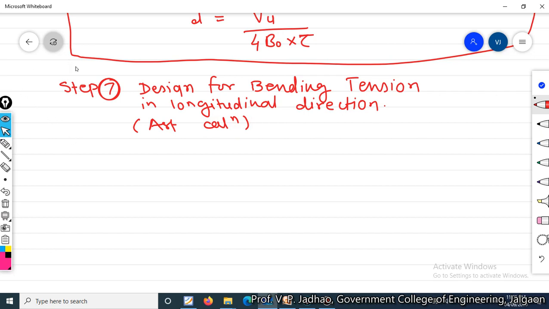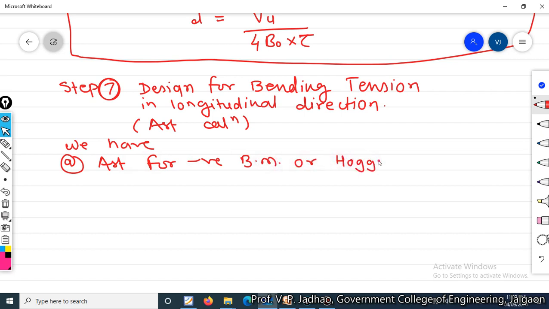Now we have AST for negative bending moment or hogging moment.